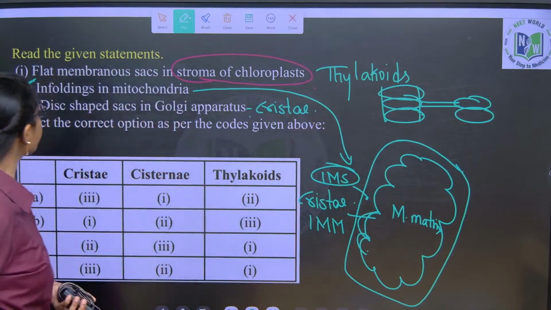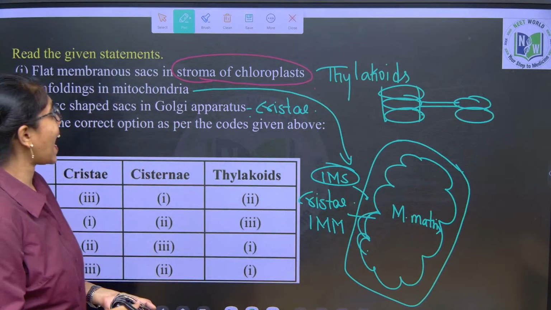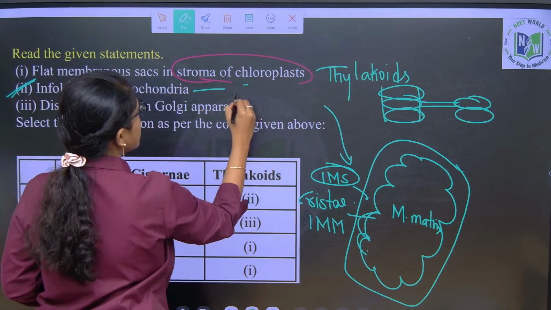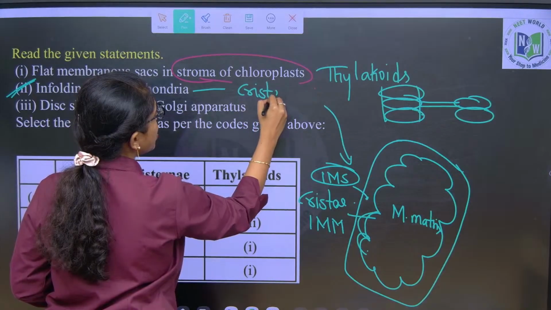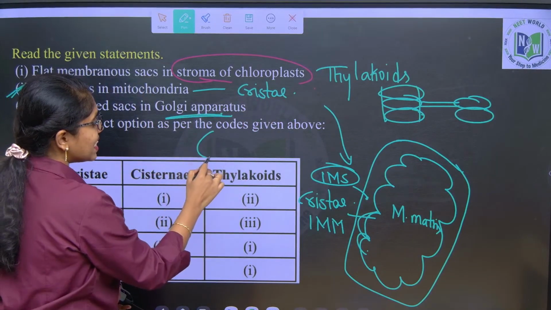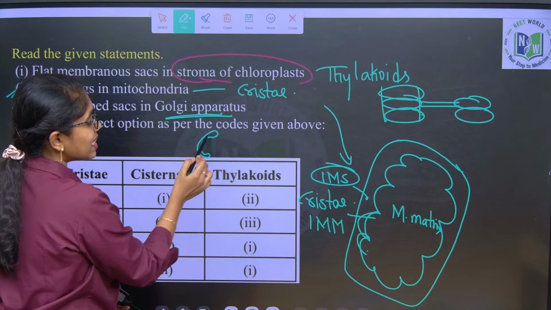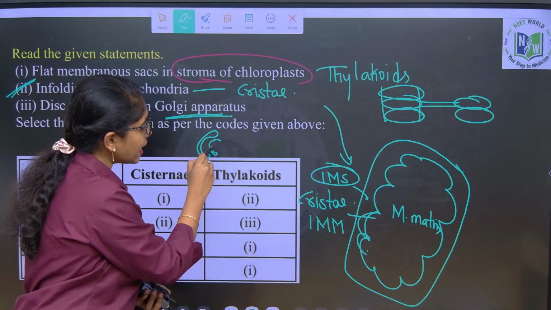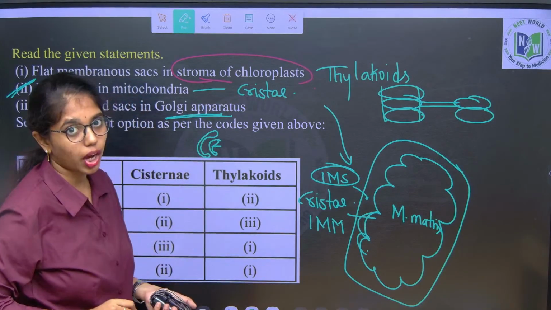And next, disc shaped sacs in the Golgi apparatus. You will call it what? This disc shaped structure has on one side the cis face or convex face and on the other side the trans face or maturing face.